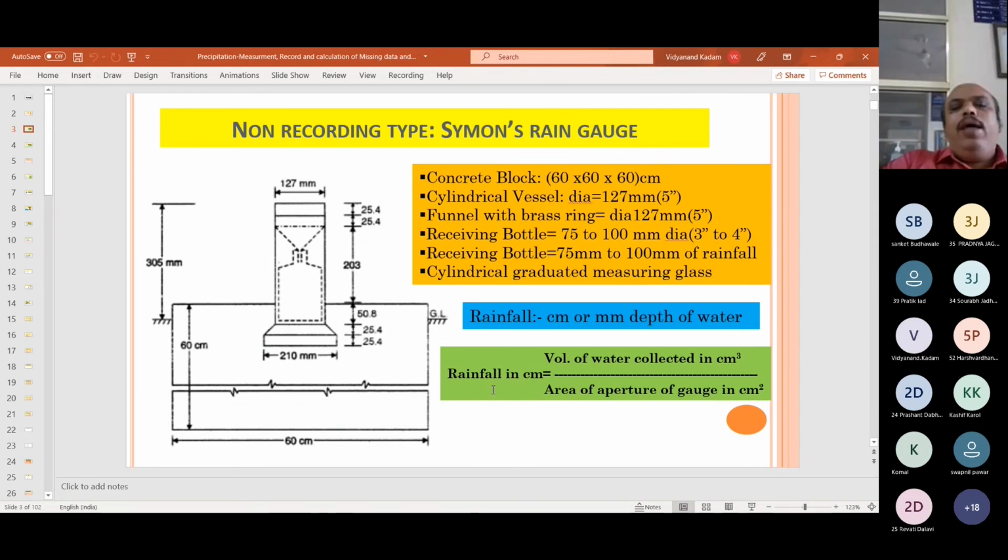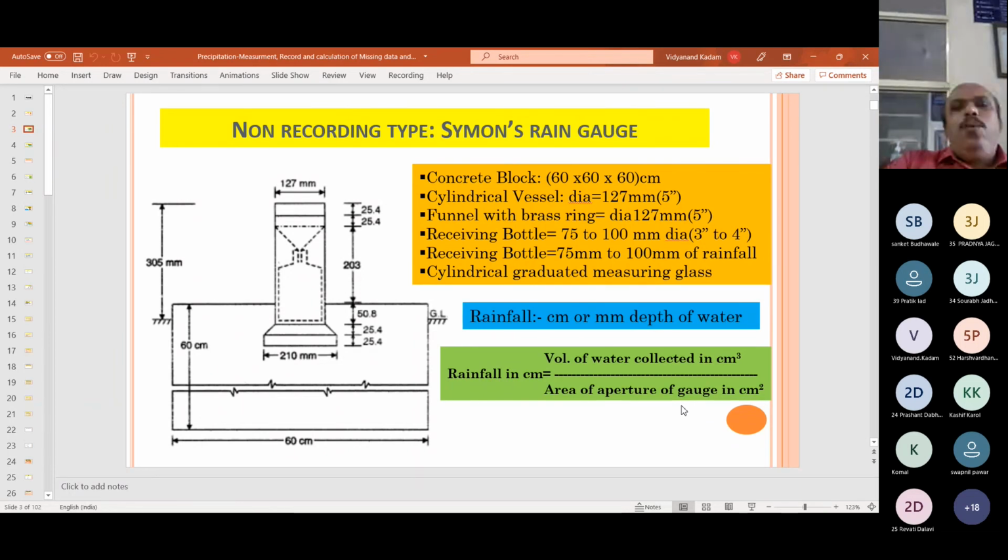What is this formula? Rainfall in centimeter is equal to the volume of water collected in cubic centimeter, that is, the volume in this receiving bottle, divided by the area of the aperture of the gauge in square centimeter. The aperture of the gauge means the opening at the top of this funnel, so its area is equal to the area of this cylindrical vessel or the funnel with brass ring.